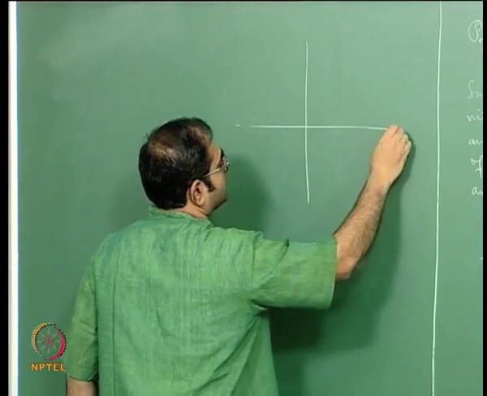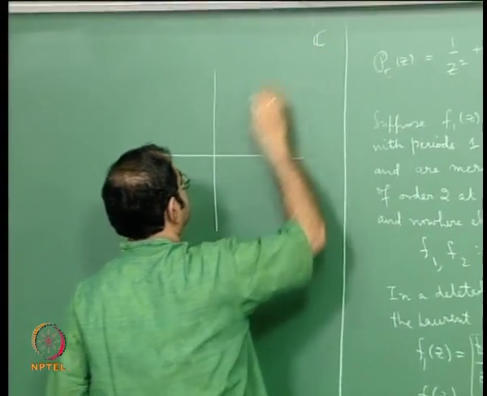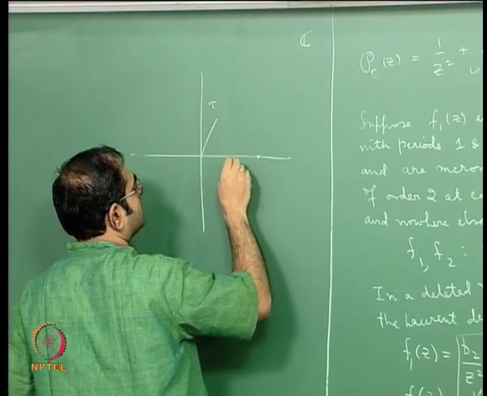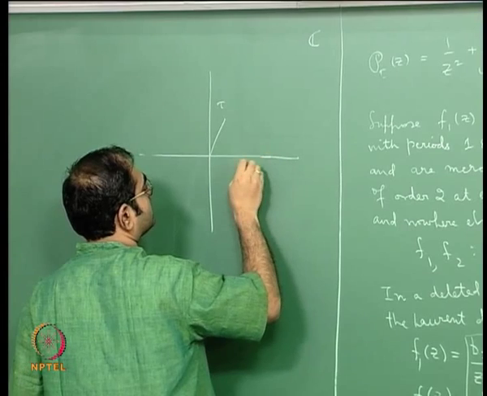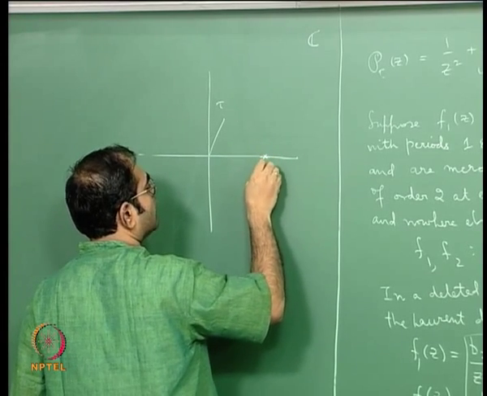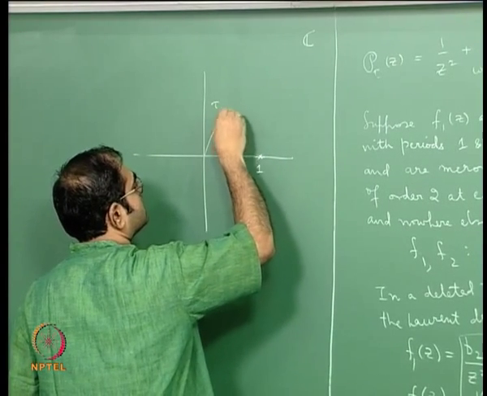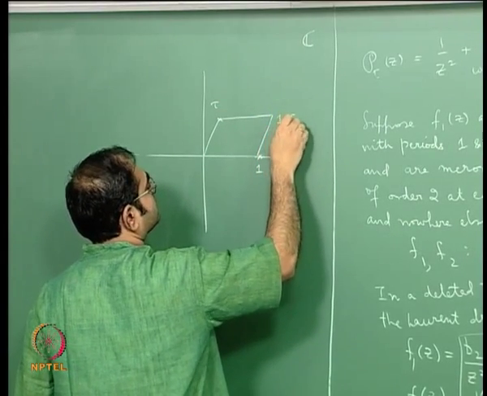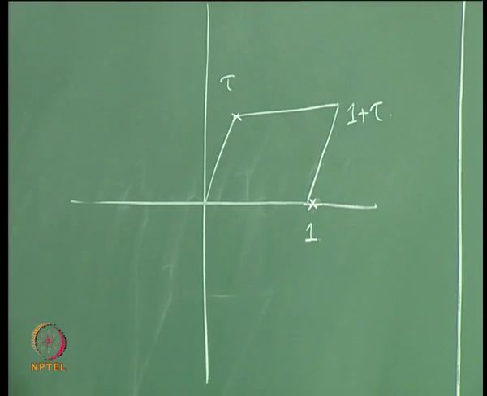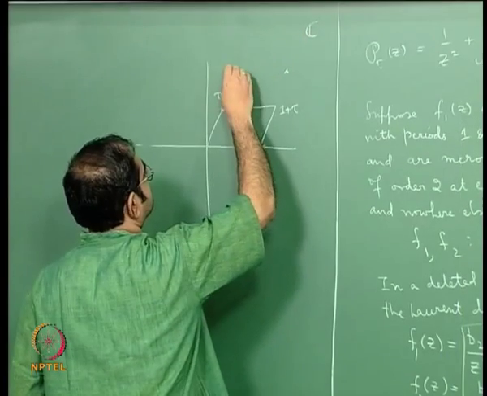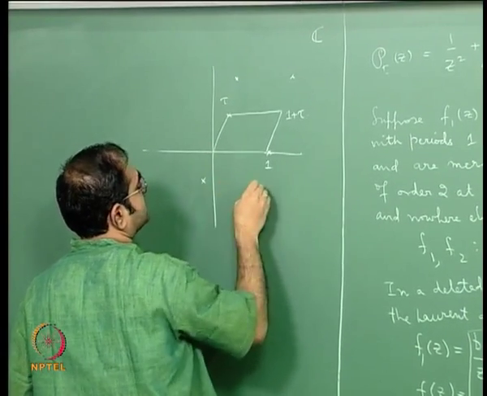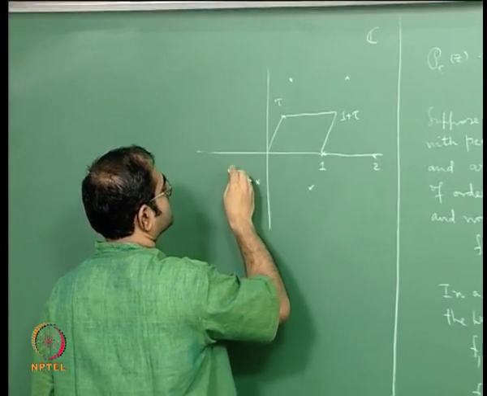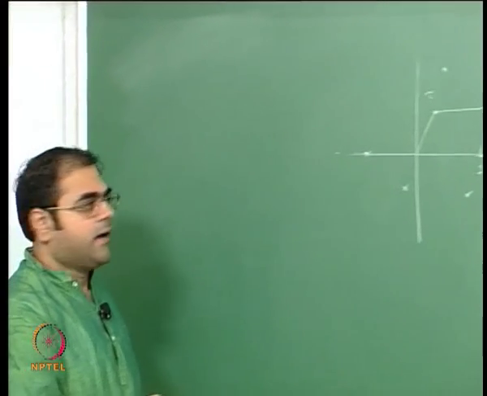Picturing the lattice, this is my tau, this is 1, and this is 1 plus tau. So I have this lattice of points repeating themselves. So I'll have 2 and so on and so forth.